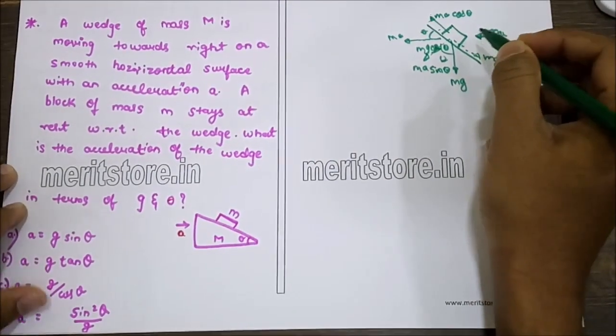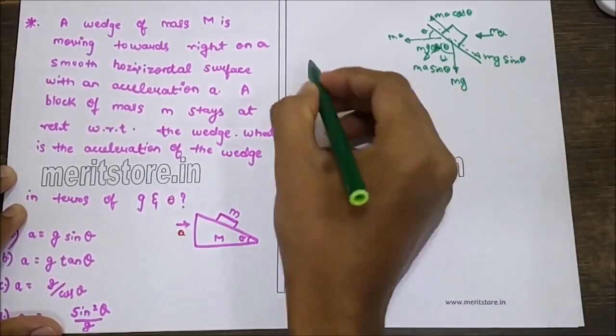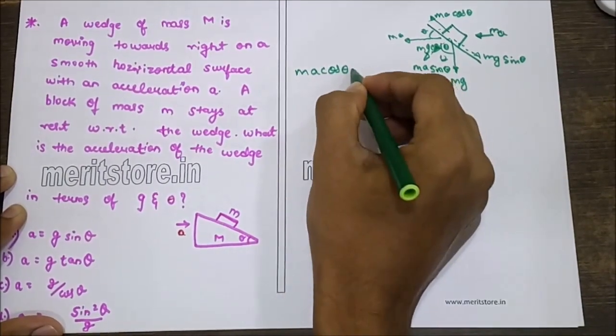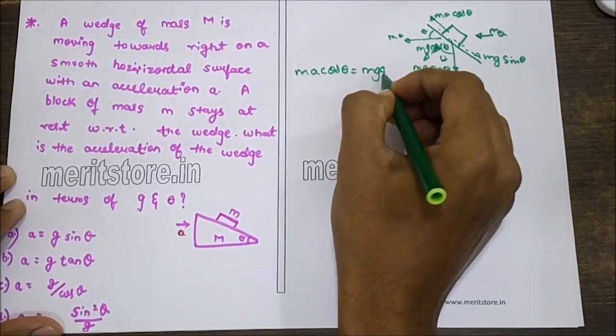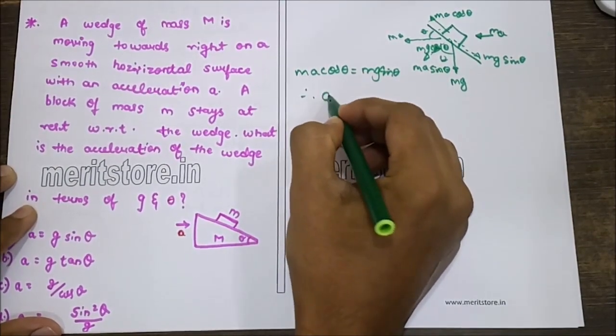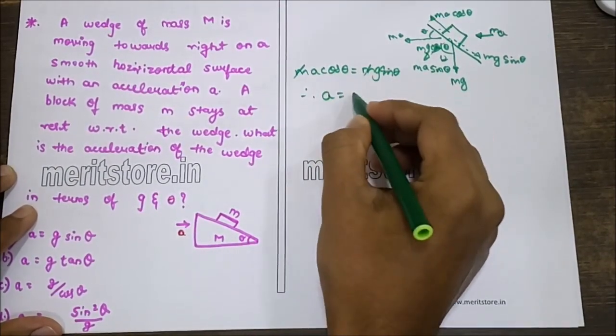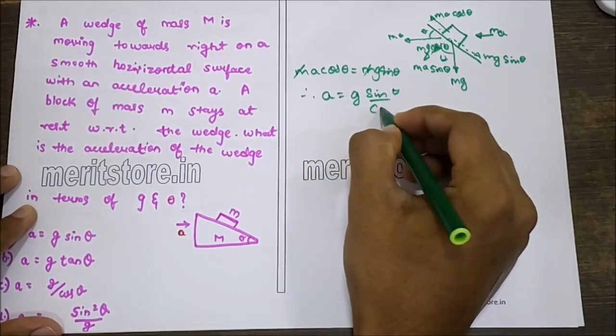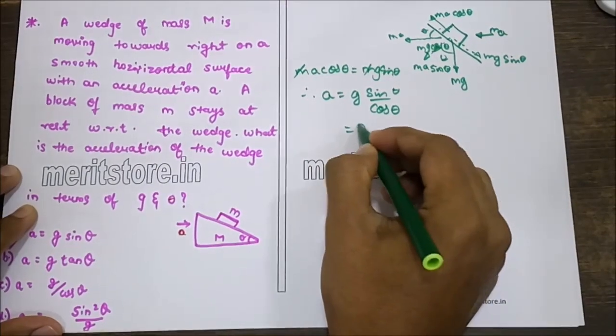Since the body is in equilibrium, the force ma cos theta is balanced by mg sin theta. Therefore a equals g times sin theta upon cos theta, which is nothing but g tan theta.